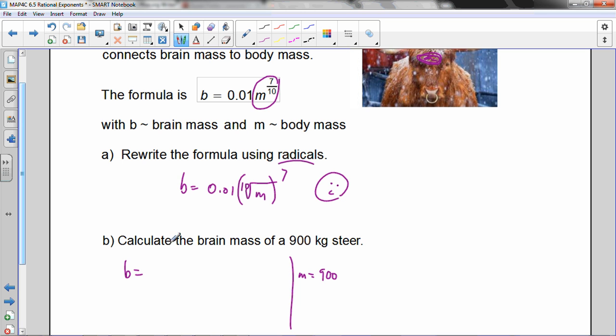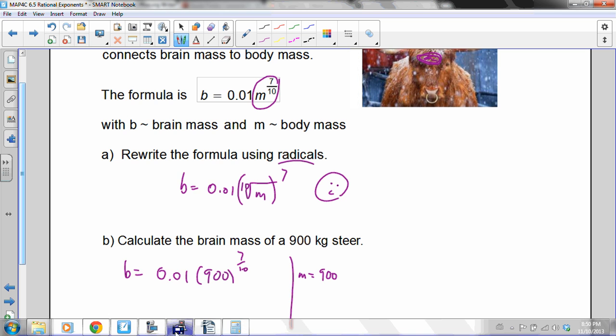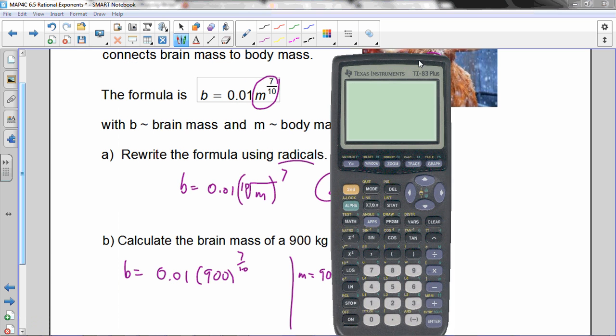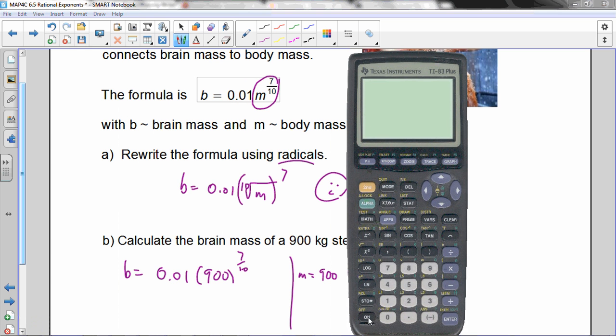So this is hard for me to put into my calculator, so I'm going to use the exponent 7/10 like this, because on the graphing calculator here, then I don't have to hit my math button, right? 0.01 times 900, and then I don't have to hit my math key.